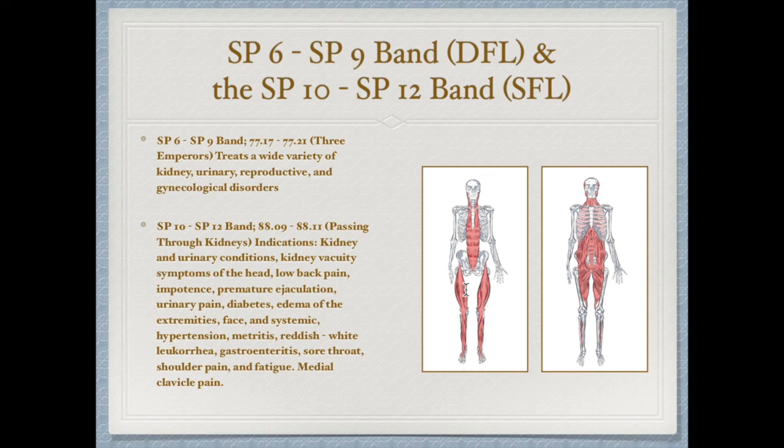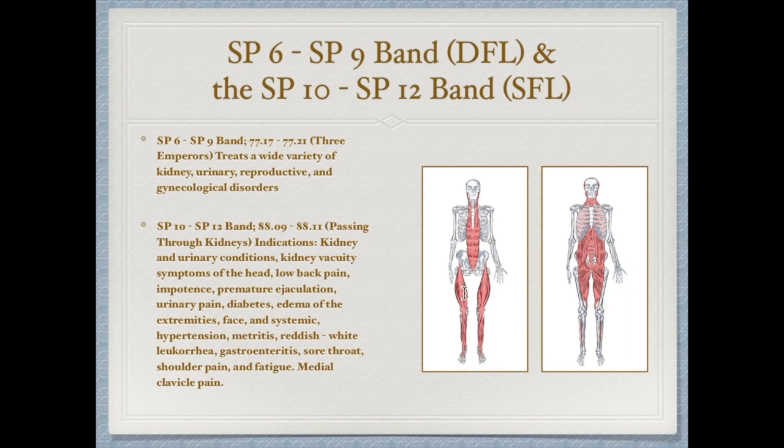Now, one final thing I want to say about this is in the Dong system, they'll use these points 88.09 to 88.11, which is essentially just in this Spleen 10 to Spleen 12 region. So here on the thigh, on the superficial front line, they'll use these points for treating clavicle pain.